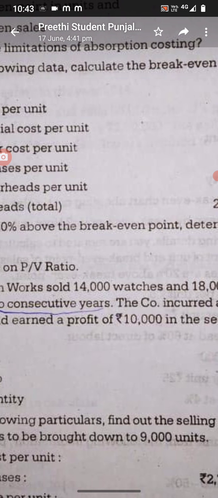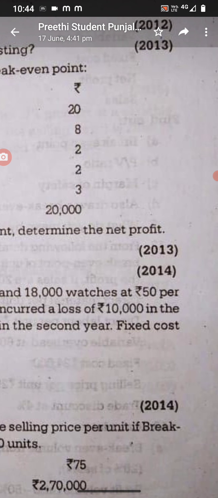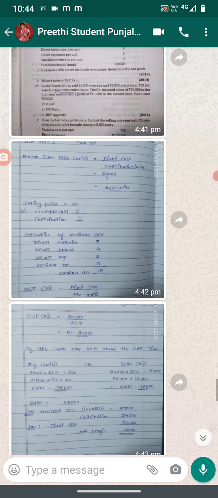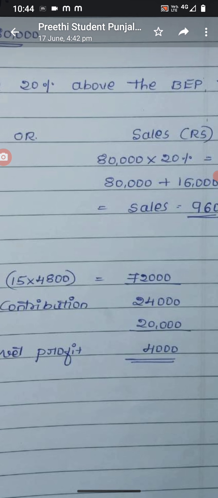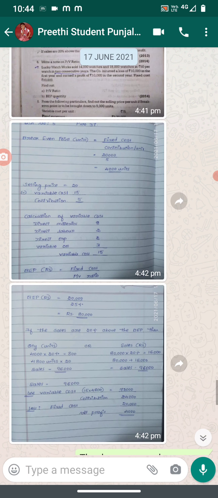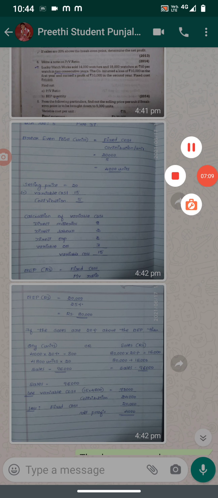Their question is this only: if the sales are above break-even point, determine the net profit. We have determined the net profit in this problem, 4,000 rupees. So this is how we can calculate the break-even point. One more break-even point problem we have solved. Remember the formulas.